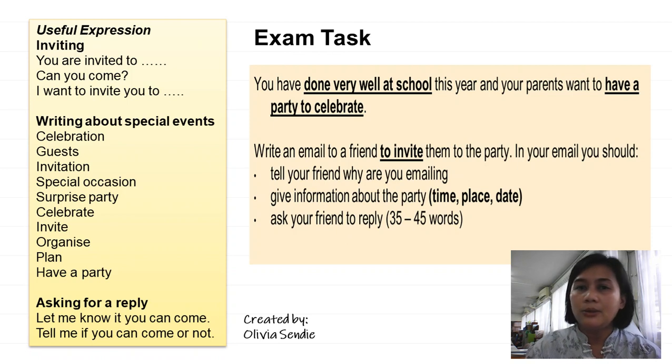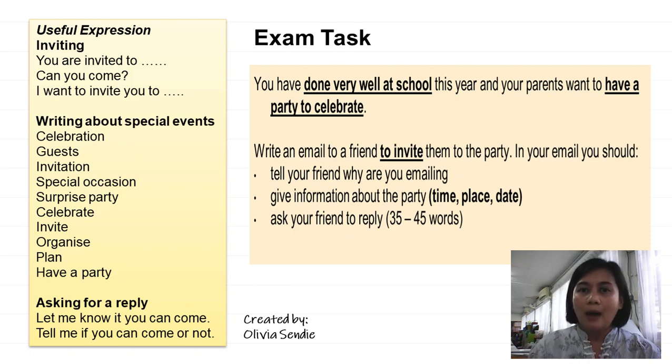In your email, you should tell your friend why you are emailing. Give information about the party, the time, place, and date, and you can add more information. Like I said just now, and you ask your friend to reply. So this email should include 35 to 45 words.